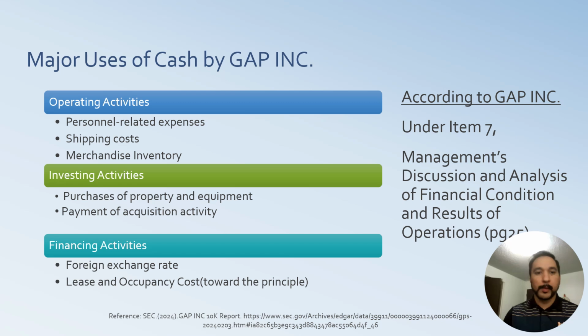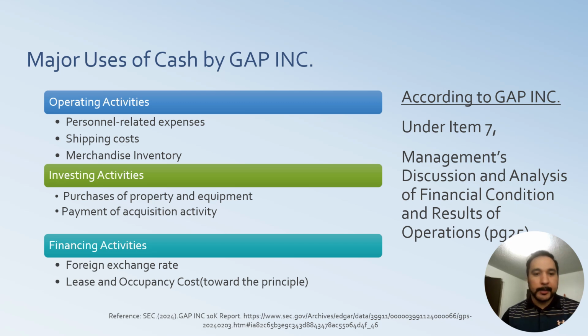All right, moving forward, the major uses of cash by Gap Inc. According to the MD&A section, under item 7, we find the major uses of cash are as follows. For operating activities, personnel-related expenses, shipping costs, which can be due to e-commerce or logistics of merchandise distribution systems, or merchandise inventory.